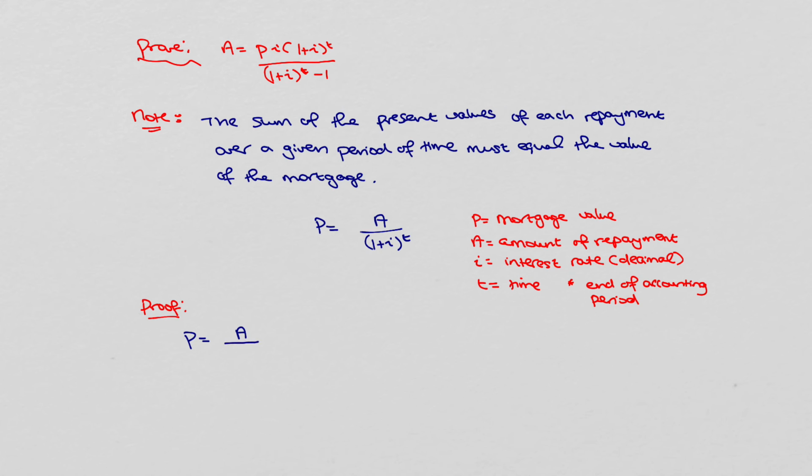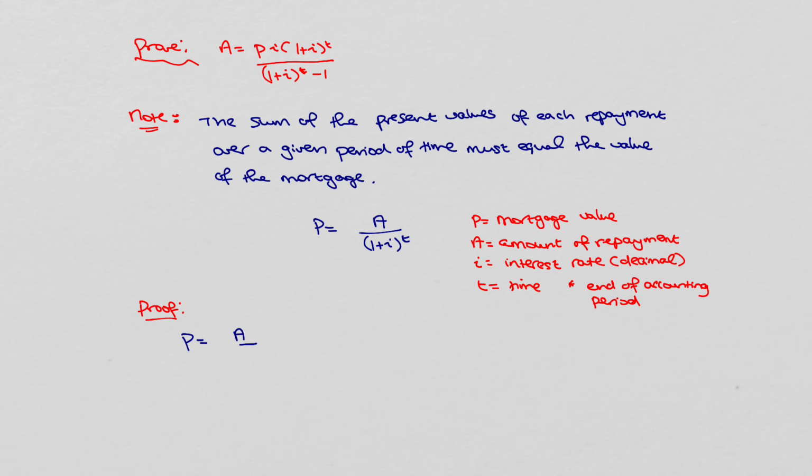So the first repayment made at the end of the first accounting period would have to be discounted back by 1 period, whatever the repayment time is, whether it be monthly, weekly, fortnightly, biannually, or yearly. Because it's made at the end of the accounting period, we have to discount it back to the day the mortgage is drawn down.